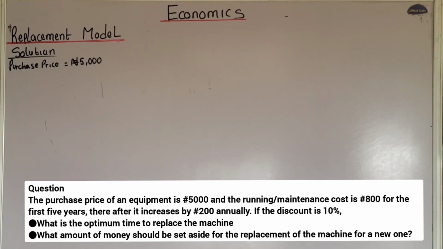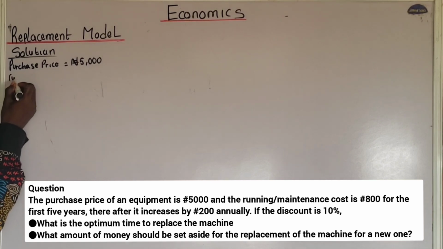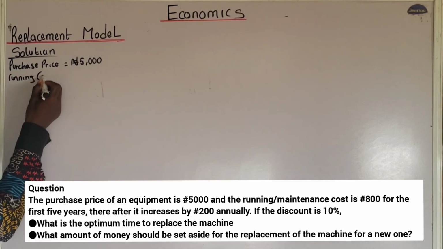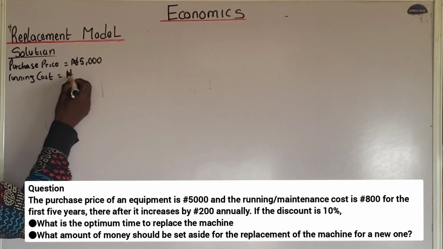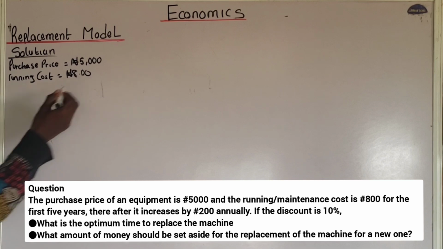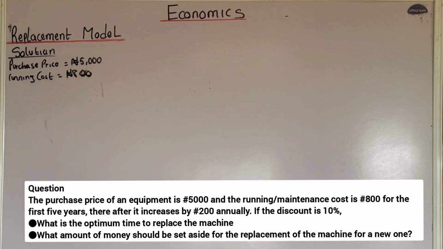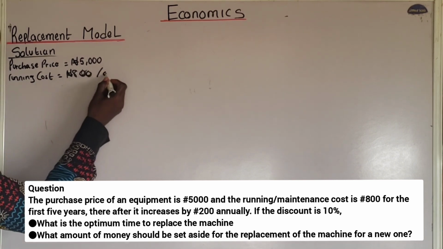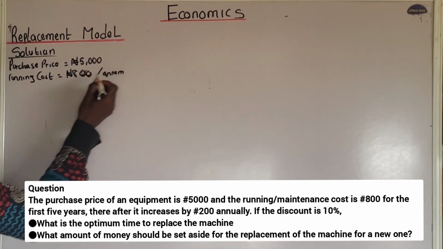In this case we are using equipment, so the cost it takes to maintain the equipment is what we call the running cost. That is 800 naira per annum.